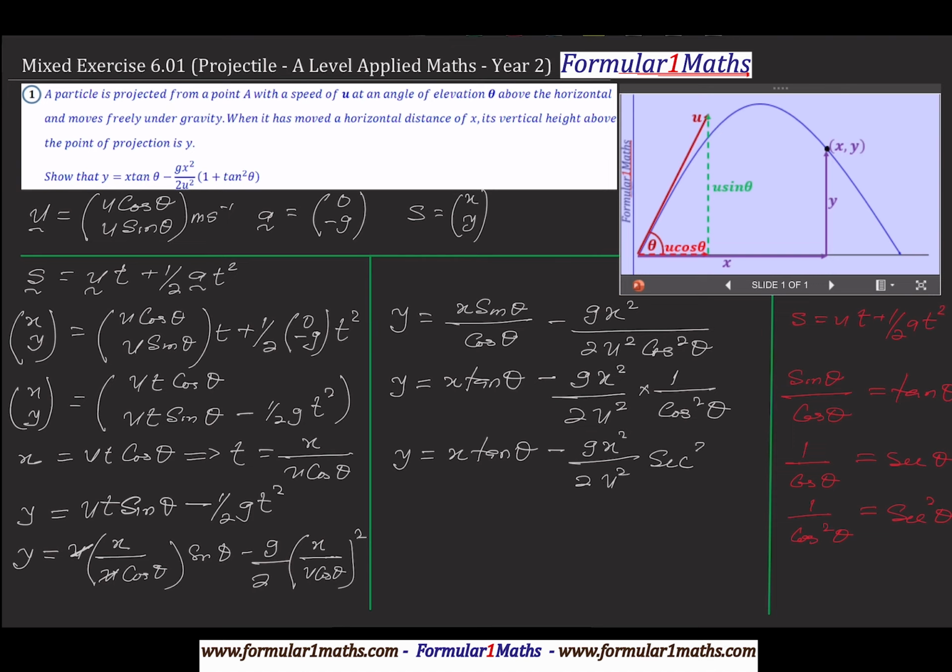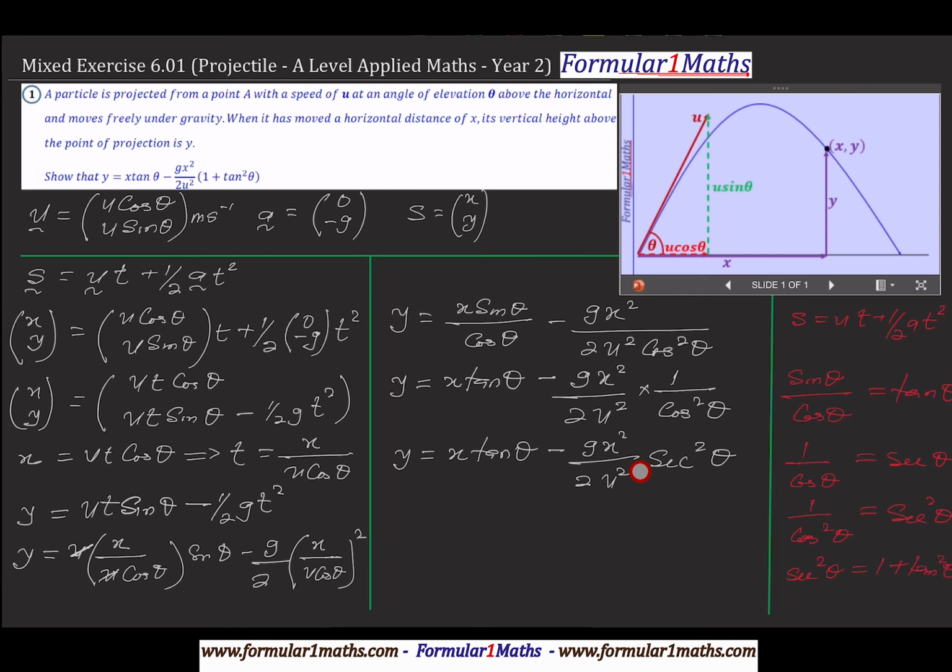sec squared theta. Now I can rewrite this equation and replace this using trig identities. And the trig identity I'm going to use is sec squared theta is equal to 1 plus tan squared theta.